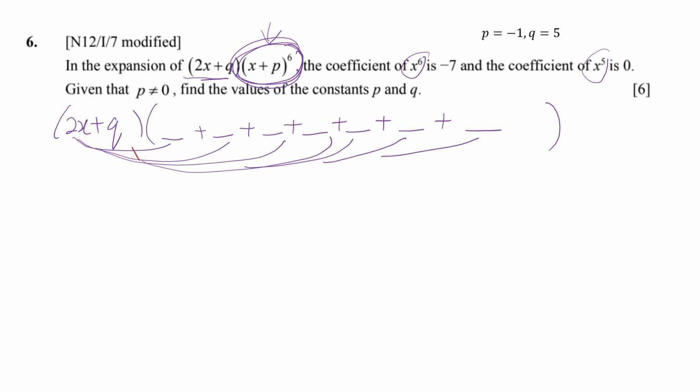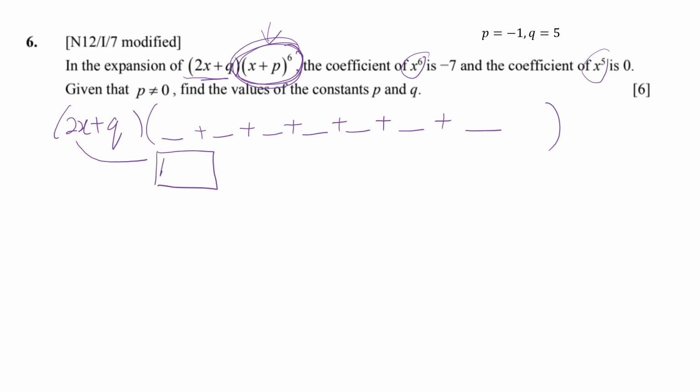So therefore, we just need to minimize it. 2x, we just need to multiply it with x to the power of 4. Then you will get x to the power of 5, right?